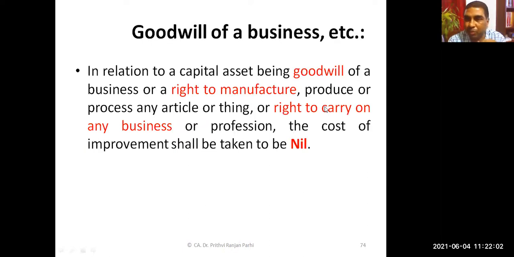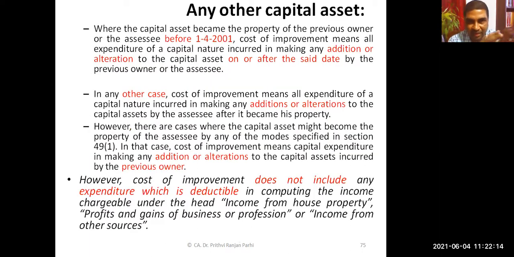Okay, and cost of improvement, many things are there, but we have to keep a few things in mind. In case of goodwill, right to manufacture, and right to carry on business, the cost of improvement shall be taken as nil.